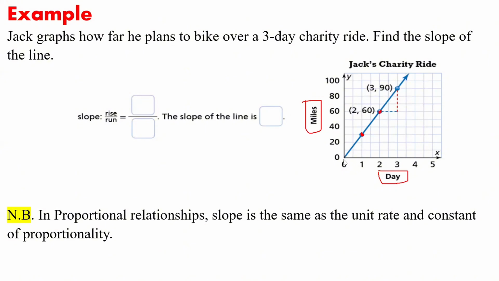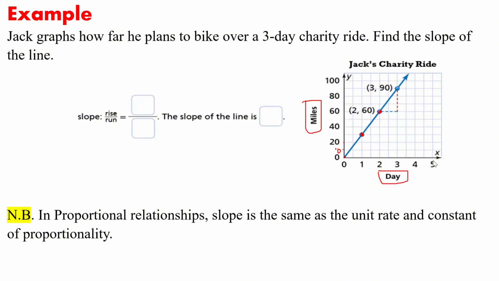If you look at the scale here, here is the origin, 0, and here is 20. That means halfway between 0 and 20 is 10. So each of these is 10 units. From here to here is 10, from here to here is 10, from here to here is 10. So one side of the square is 10 units.